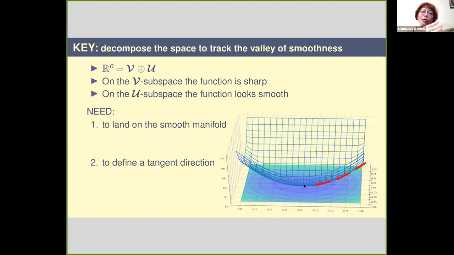Here we will have a special subgradient. And then this is the dual part of the primal-dual method that we need to devise.